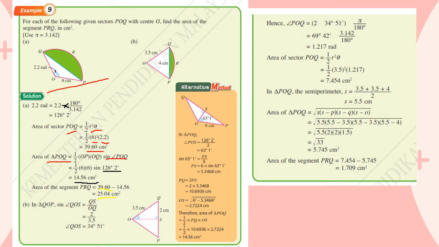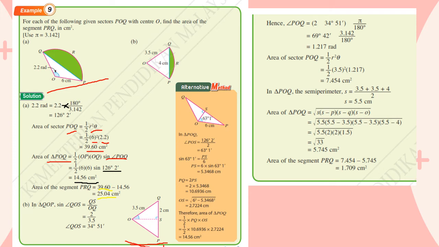If you notice here, below here, the triangle QOP, we can divide the length of QP into two parts so that we can get the right angle triangle. Thus, using the sine rule, the trigonometric rules, we can get the angle of QOS.